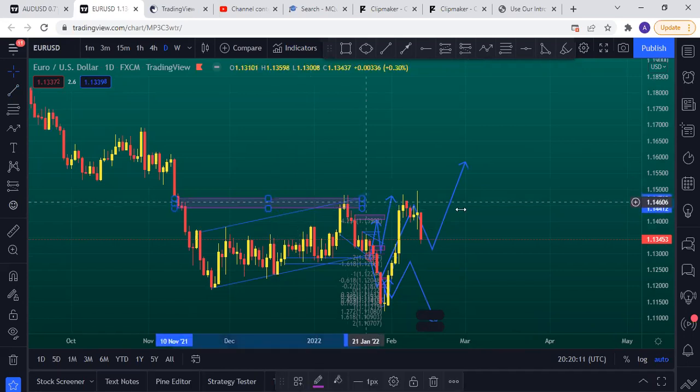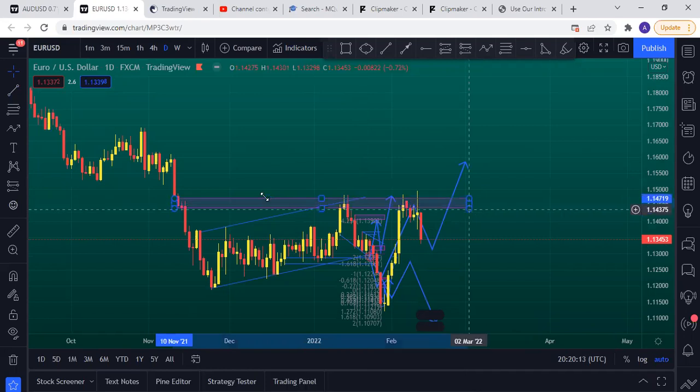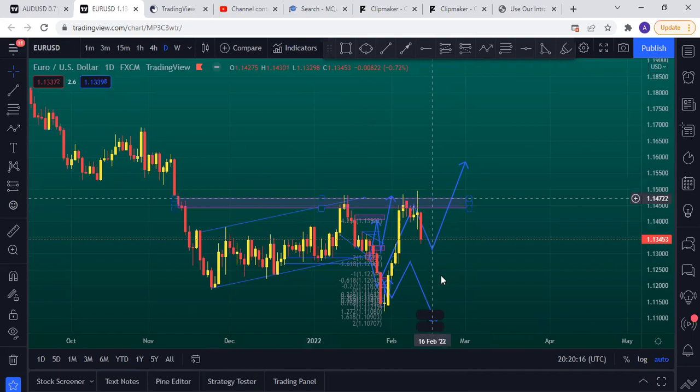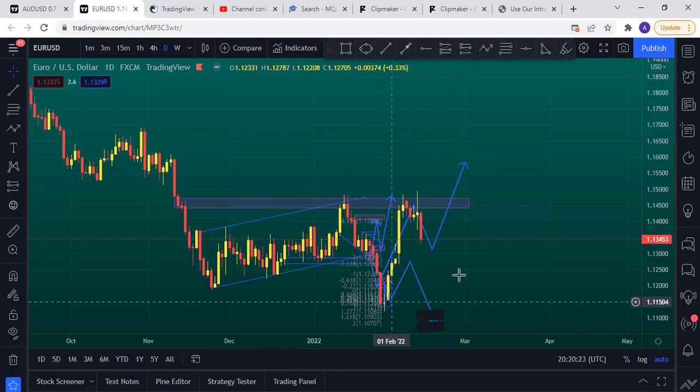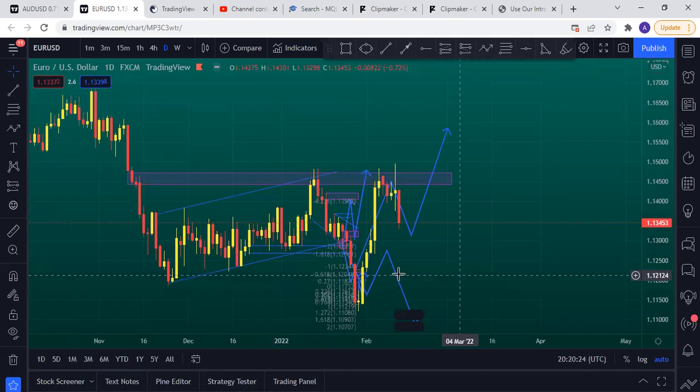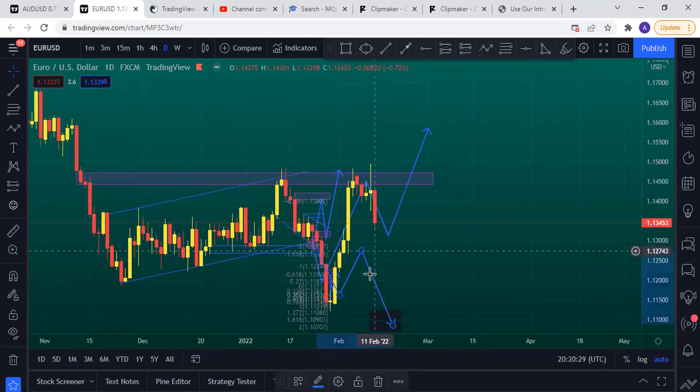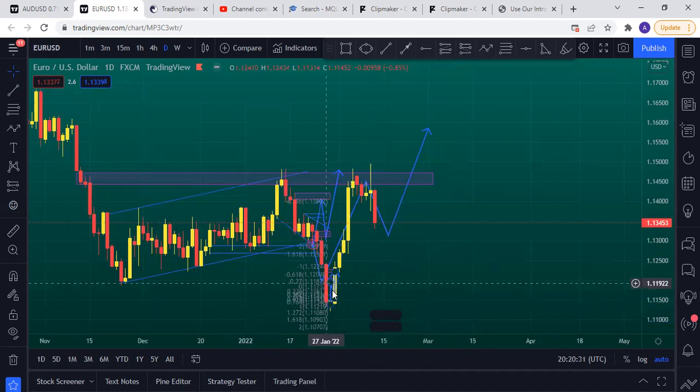We already treated GBPUSD, we looked at GBPUSD just now. I'm going to come to USDCHF. So we're already seeing this bearish movement, as analyzed. Because as you can see, these are analyses that I've done since several weeks back.